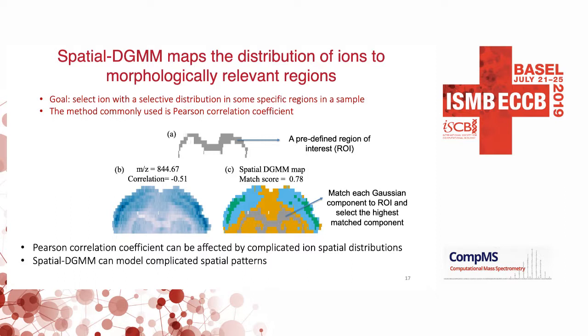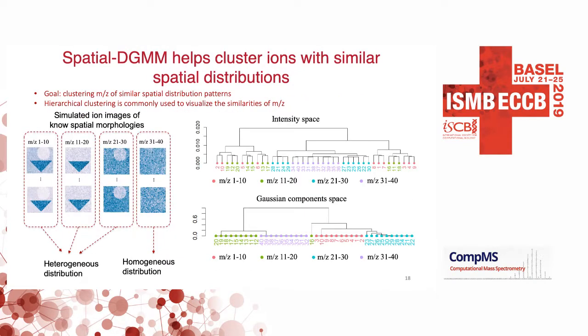So here we show that spatial DGMM can model complicated spatial patterns where Pearson correlation coefficient can actually fail. Another important goal is to cluster m/z values of similar spatial distribution patterns, because this helps us to understand the biological process and the relationship between m/z values.